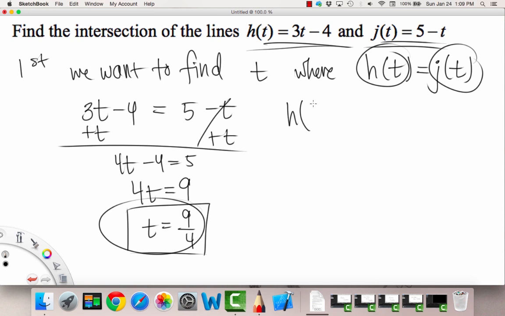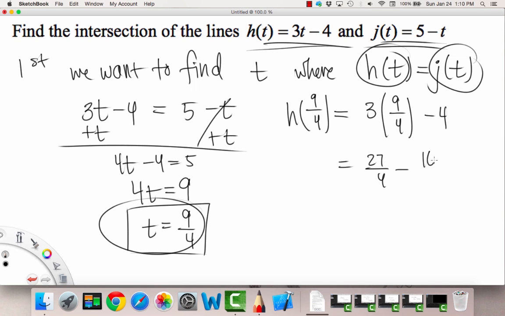So let's say we plug it into h. Then we have h of 9 over 4 is equal to 3 times 9 over 4, and then minus 4. So this is equal to 27 over 4 minus 4, which we can rewrite as 16 over 4. So we just get 11 over 4 for the value there.